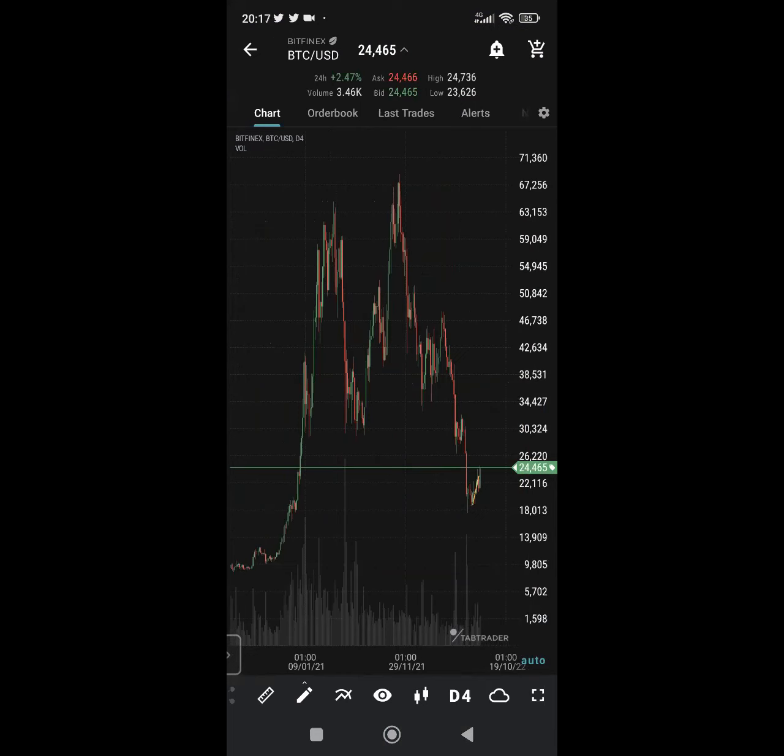Maybe some other teachers can go on with those things. But I'll tell you one thing: these chart patterns have different textbook explanations of what to expect when you see this type of chart.